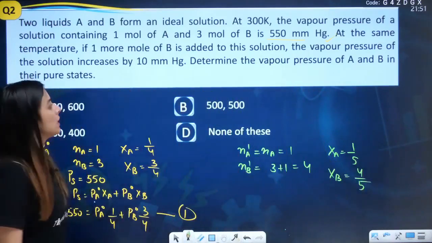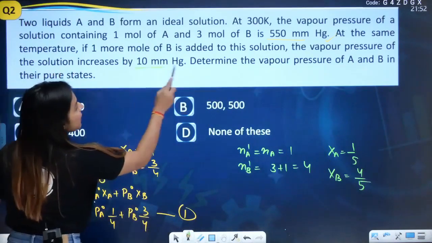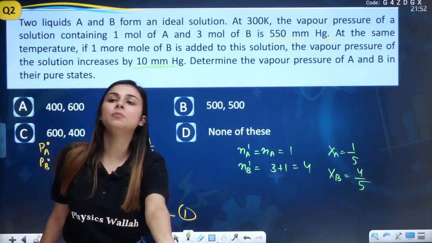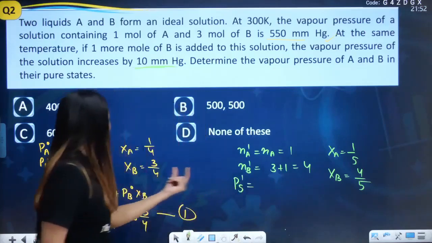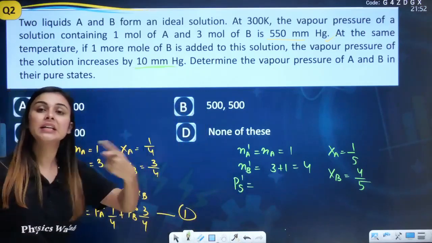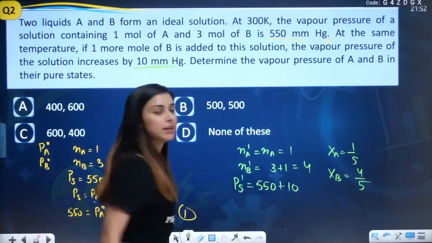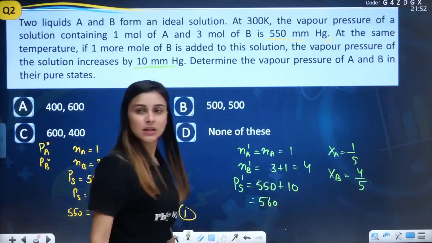Right? Yes. Further it says that the vapor pressure of the solution increases by 10. Whatever the initial vapor pressure was, it increased by 10. This means that the solution's vapor pressure, initially 550, has now become 550 plus 10, which is equal to 560, right? Yes.